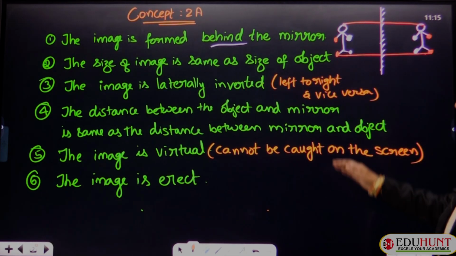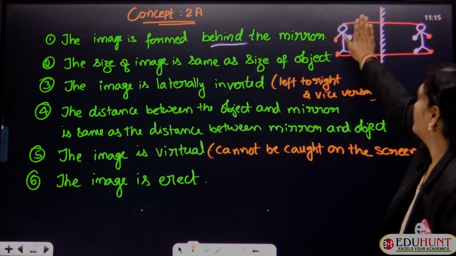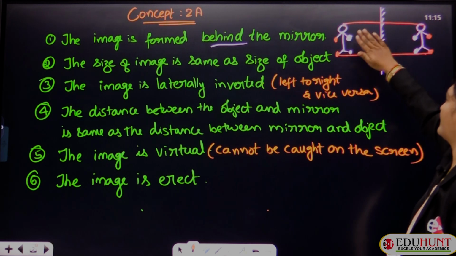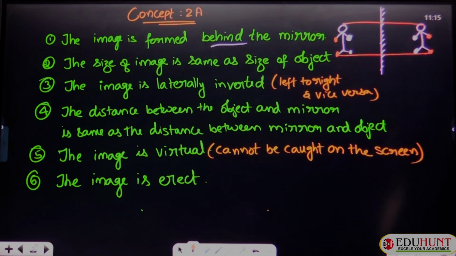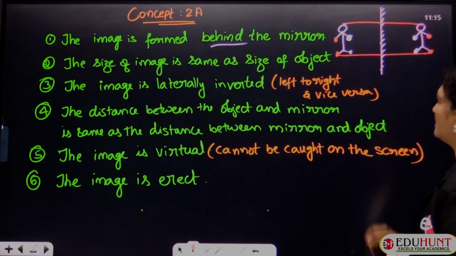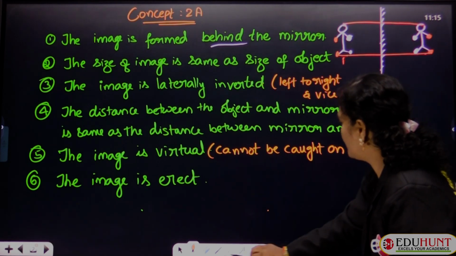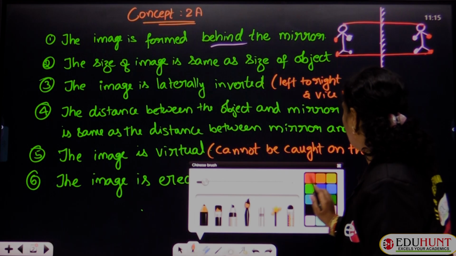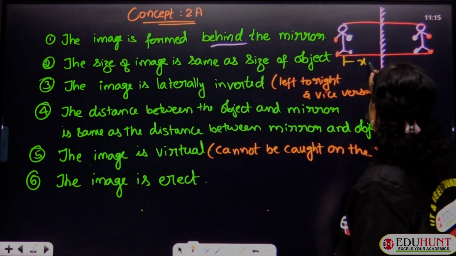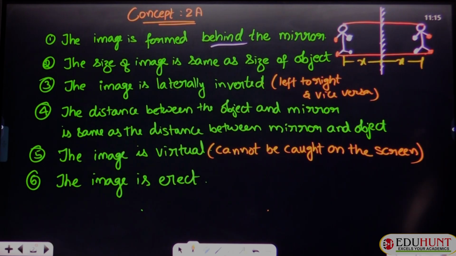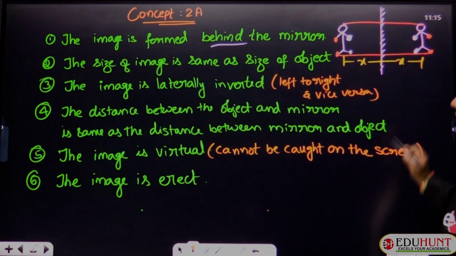The image is laterally inverted. Laterally inverted means here in this case it is in this direction, here in this case it is in this direction, left to right and right to left. Distance between the object and mirror are same. That means from here to here, let us suppose the distance is x, here also the distance will be x only. Same as the distance between the mirror and object.